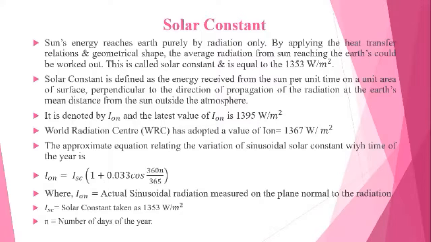In this formula, ION is the actual extraterrestrial radiation measured on the plane normal to the radiation. ISC is the solar constant taken as 1353 watt per meter square, and N is the number of days of the year.